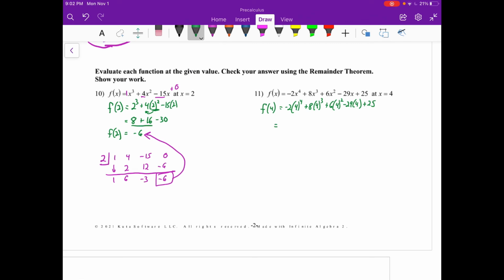You can plug this all into your calculator and get the answer. We have negative 2 times 4 to the 4th, which is 256. 4 cubed is 64. Oops, I put an equal sign, I should put a plus sign. This is going to be 512.